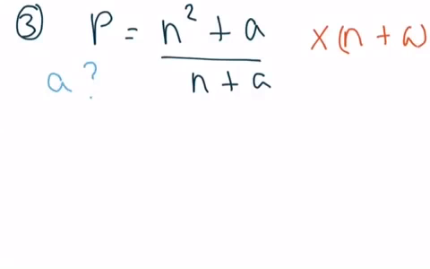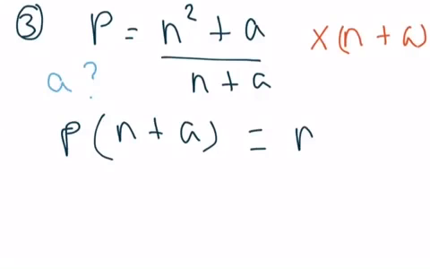So you would have p times n plus a equals n squared plus a. And the reason it's just n squared plus a on the right hand side is because the n plus a and the n plus a here, they both cancel out.